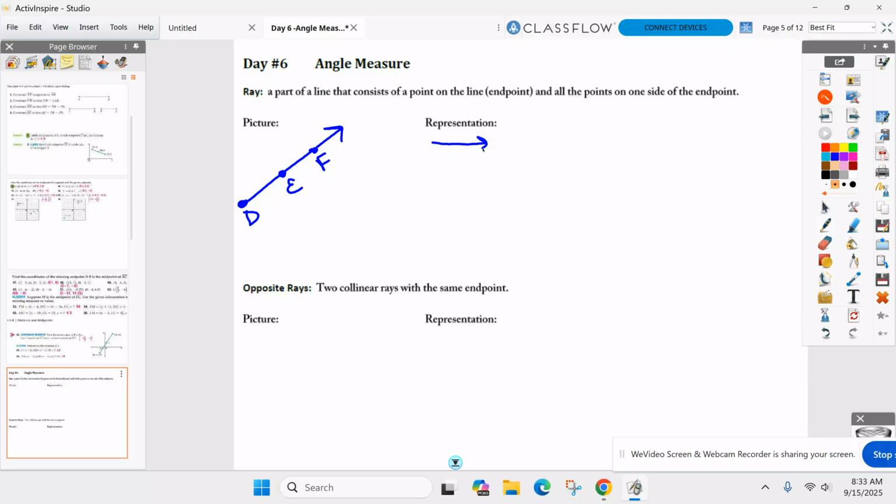Wherever the ray starts, you have to put that point first. There's no negotiating that. After that, you can put any point following it. So DE, DF, but D has to come first. We could have called this DF as well. And a little note here for everyone: endpoint must come first.